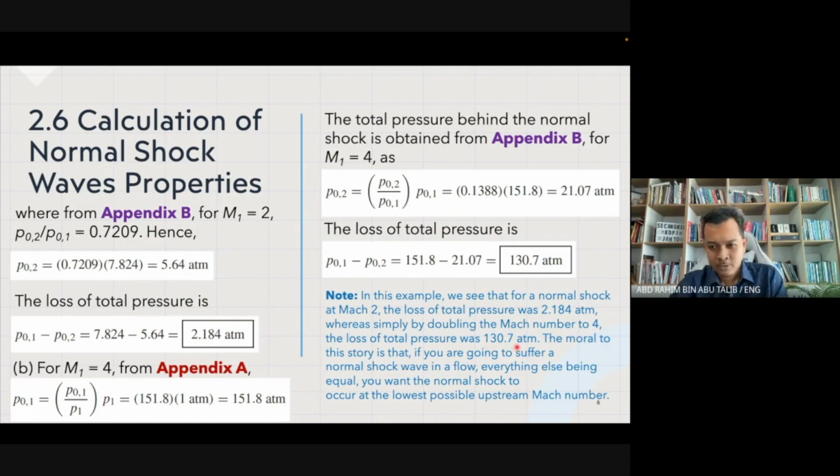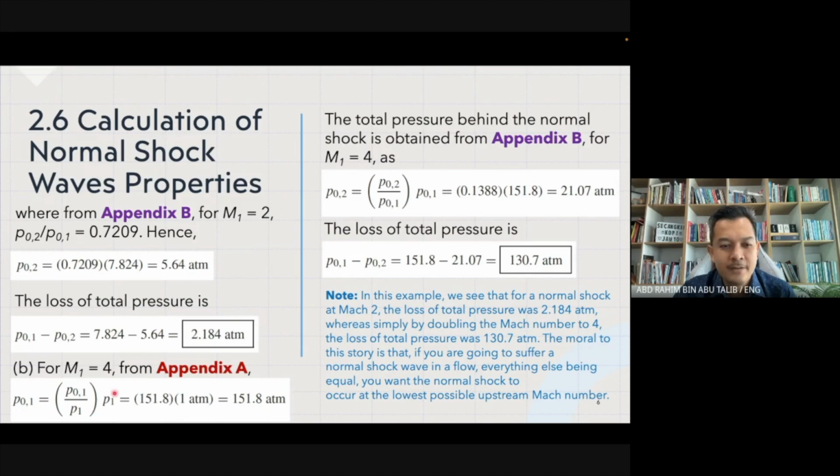So the moral of the story is that if you are going to suffer a normal shock wave in a flow, everything else being equal, you want the normal shock to occur at the lowest possible upstream Mach number, so that you will not incur a greater total pressure loss.